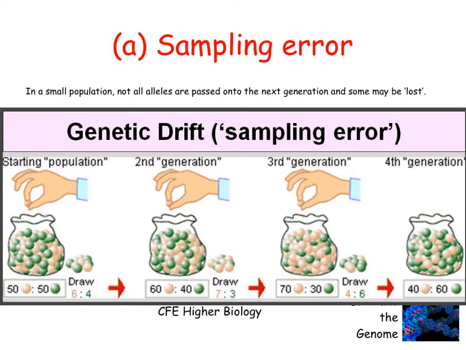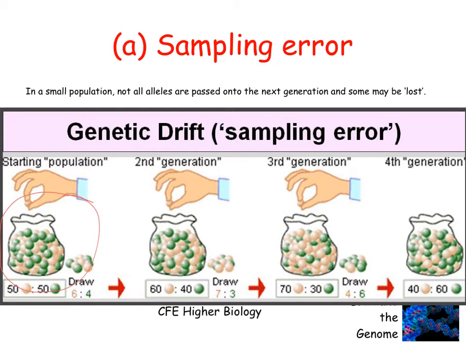So imagine here, on this diagram, we've got a population and there's a 50-50 number of alleles for the green and for the beige. Now when it comes to the fertilisation process, that is a random process, so it's mere chance.